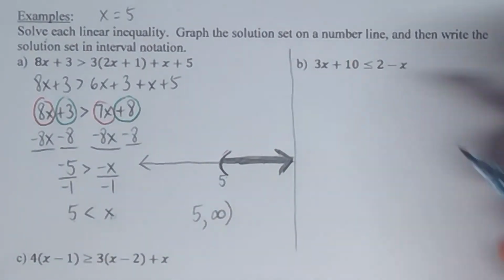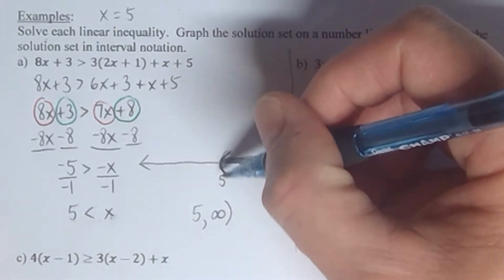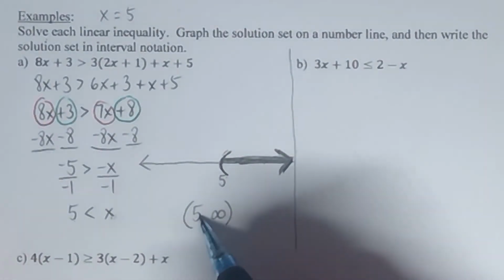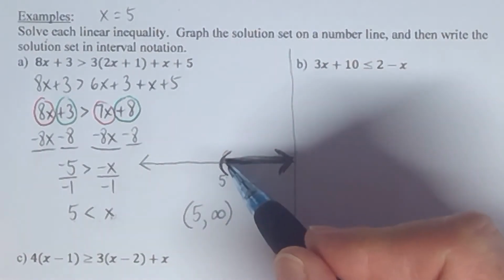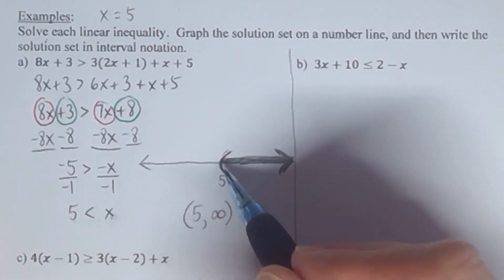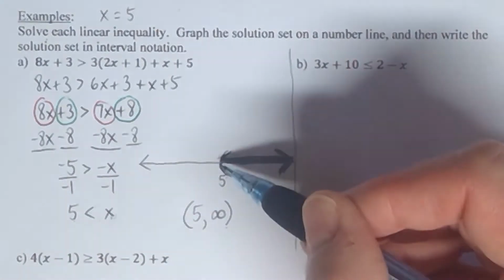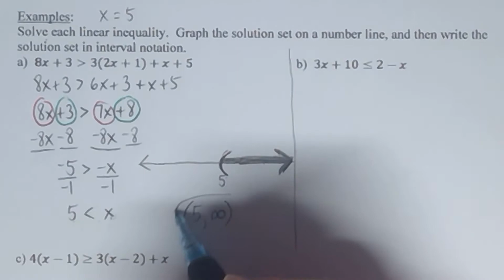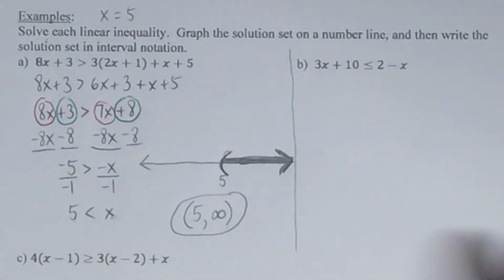Okay, and we already determined that 5 was a round bracket. So that's all you got to do to figure out the bracket for 5 there, is just use the same bracket we had for the 5 up here. It's going to be the same. So remember, for the infinity and negative infinity, it's always round. And then for the other numbers, just look at the number line and it'll tell you the correct bracket to use for that particular number. Okay? And there you go.